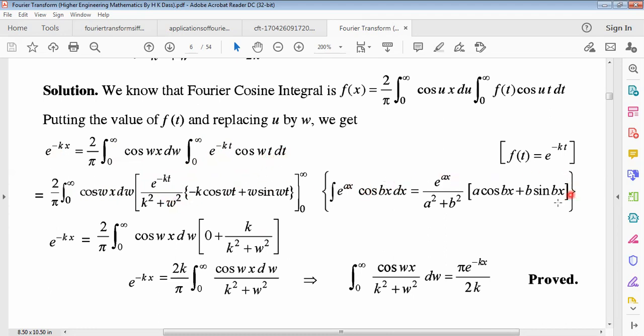Just using this formula for the integral of e to the power ax cos bx dx. What will the formula be? e to the power ax divided by a square plus b square, times a cos bx plus b sin bx. Remember it, just plus.